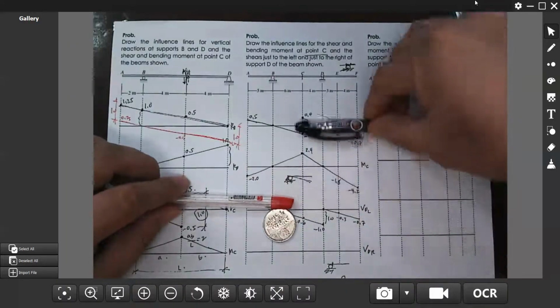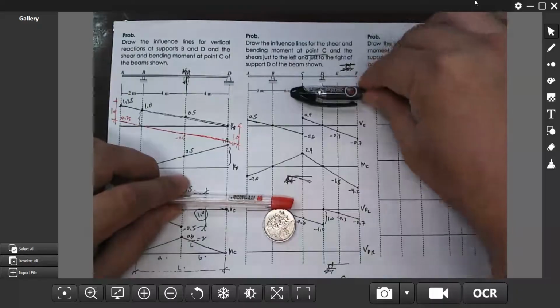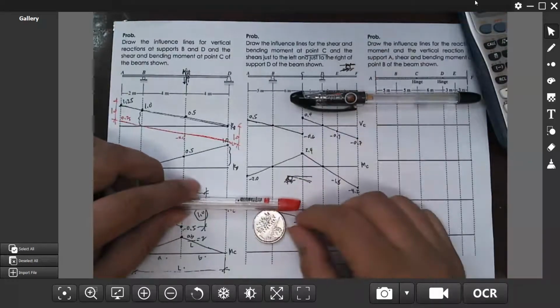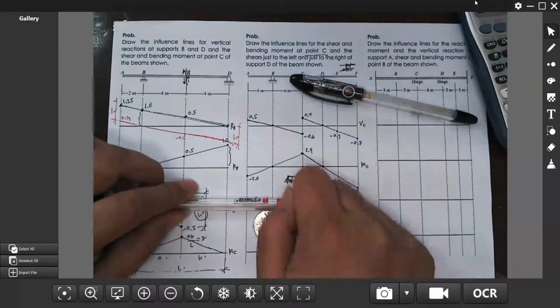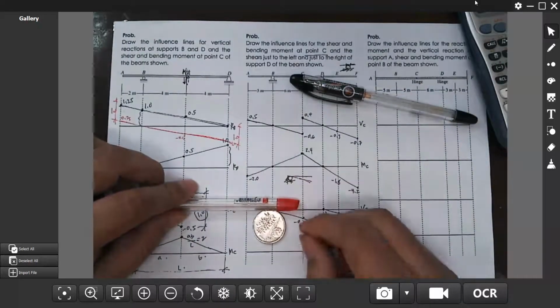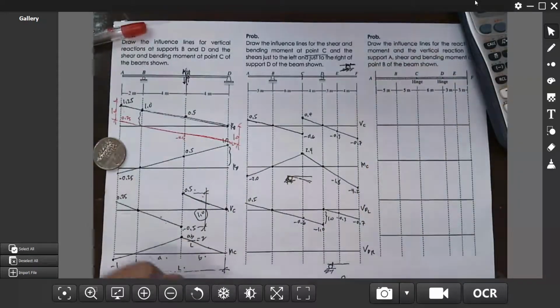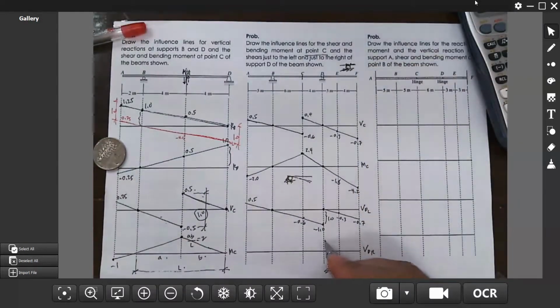While kini siya, dili siya kalihok, kaya naman support. So, imo ning ibirahon nimo paubos, dili siya kalihok, kaya naman mao support ni. So, ang diagram ni, ana ra siya. Kini zero ni dire.